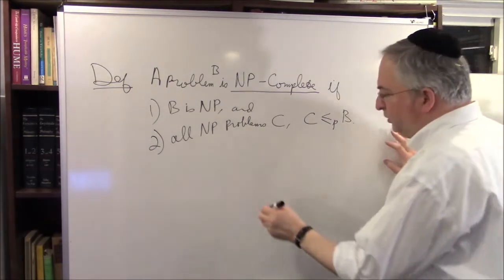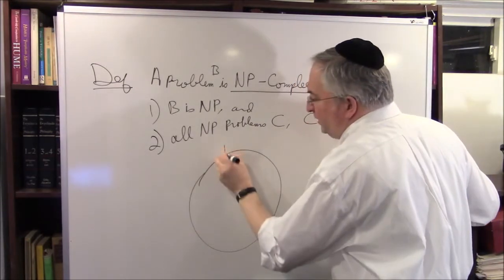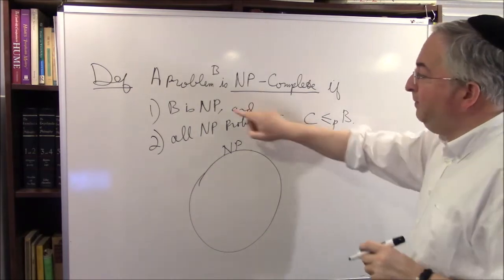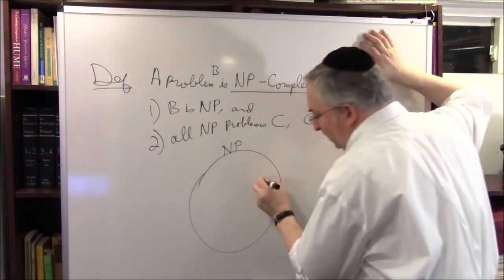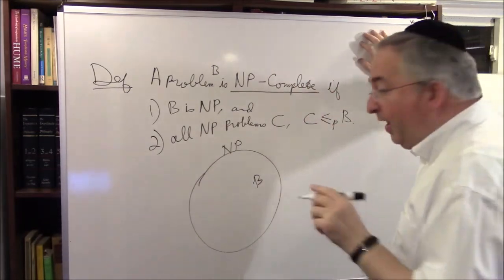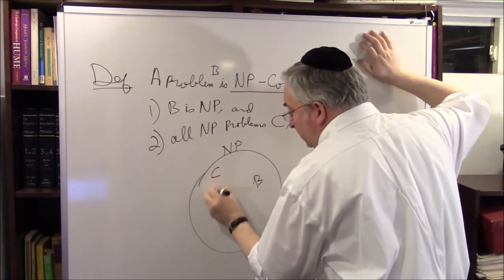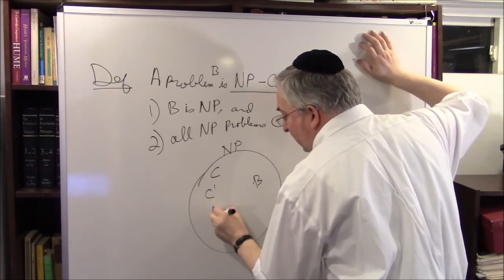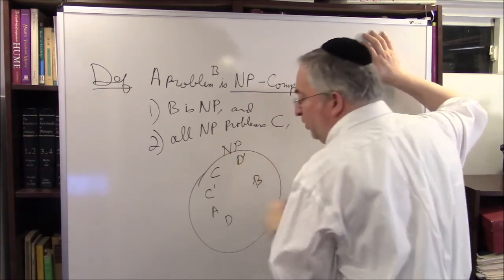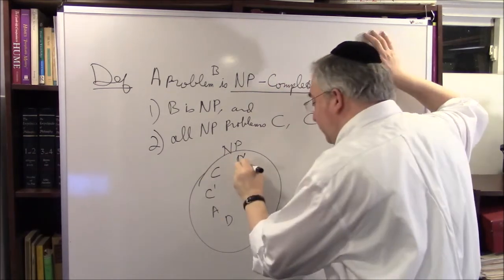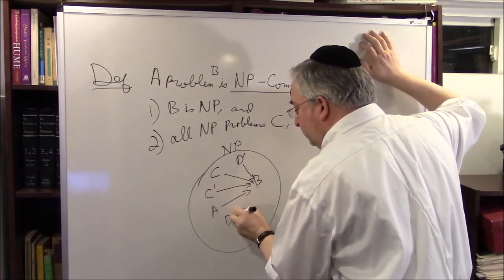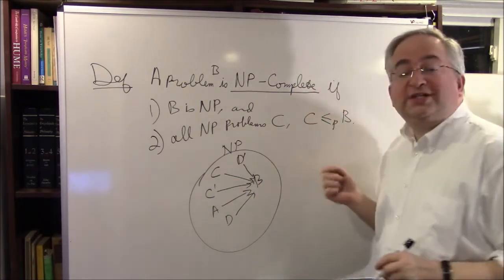Let me just show you a picture. Here's NP. B is NP complete if B is in here. Any other problem, C, C prime, A, D, D prime, all those other problems in here can all be changed into B. What does that mean?